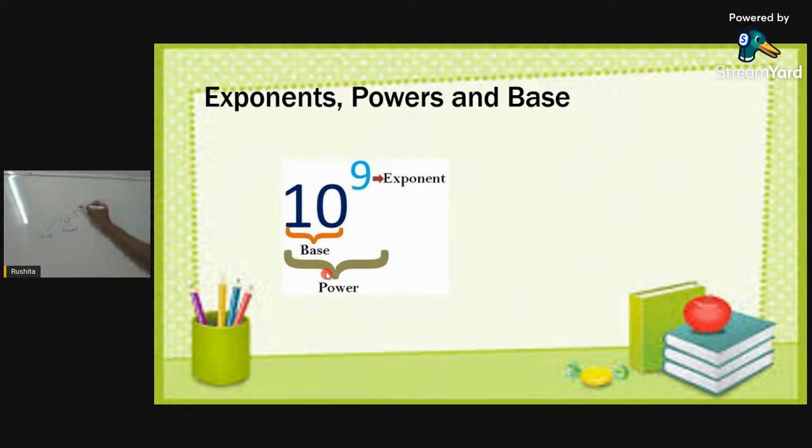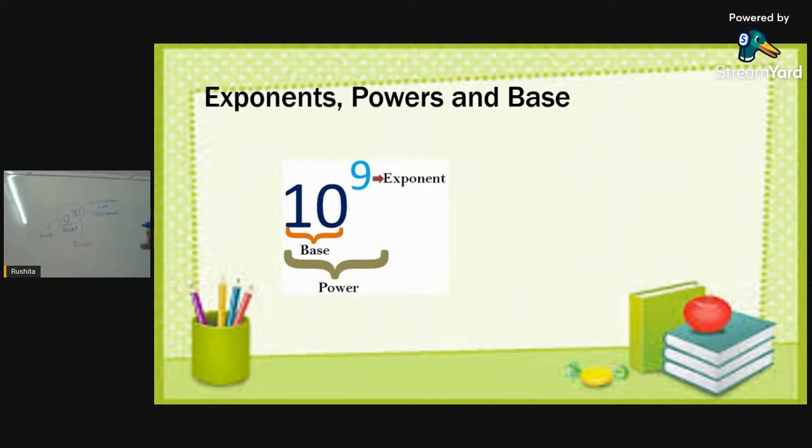Now whatever number is above the base, also in smaller size, is called the exponent. Right, exponent it is called. Now both of these together are called the power. Right, power.